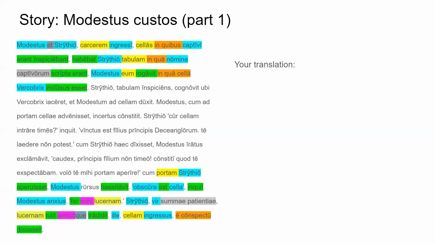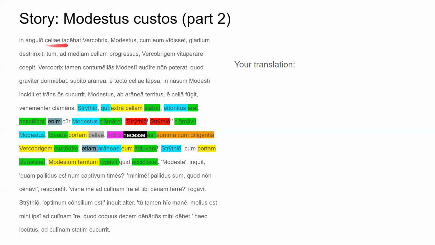So he brought the lamp and tradidit, handed it to the friend. Remember that everything that goes in front of the -que is actually translated after the -que. So he brought the lamp and handed it to the friend. Ille, he, cellam ingressus, having entered the cell, discessit a conspectu, withdrew from sight. That's literally what it says. So he, having entered the cell, withdrew from sight.